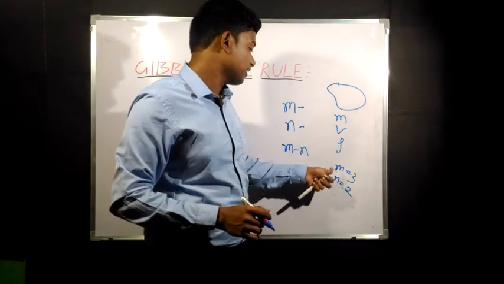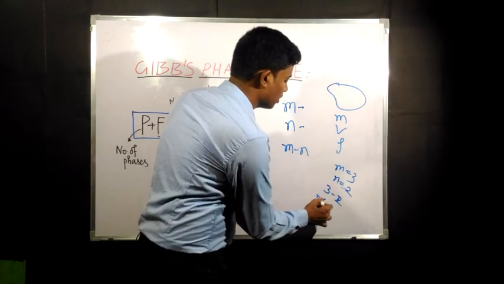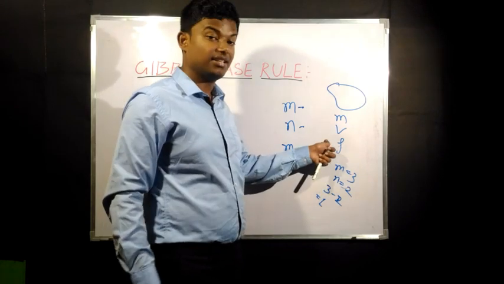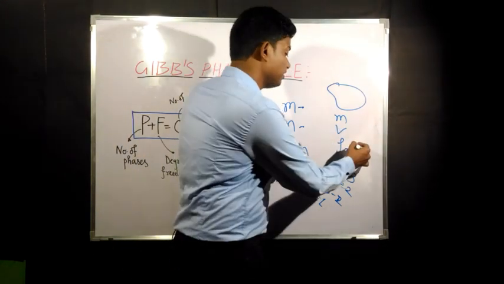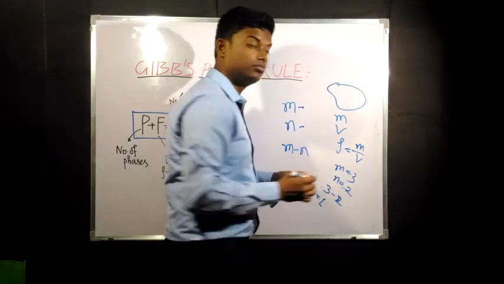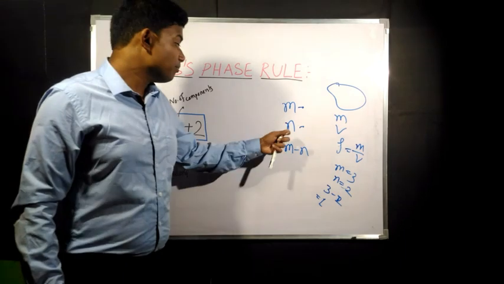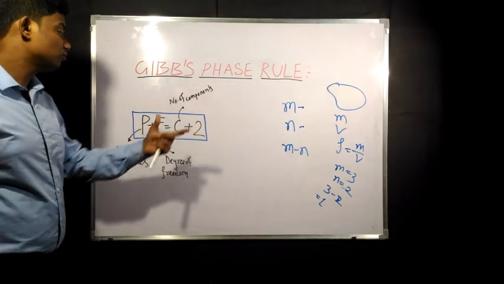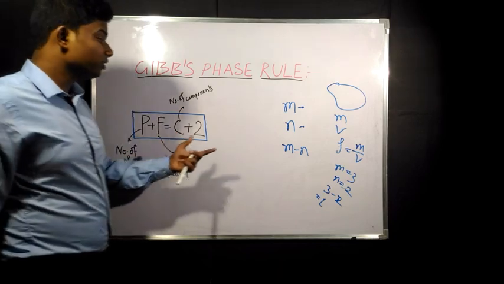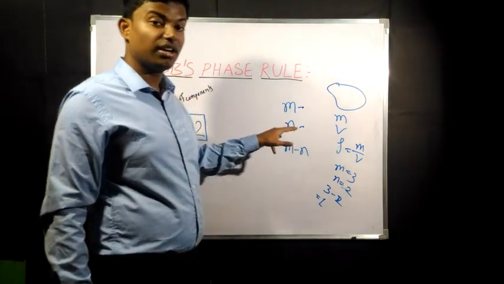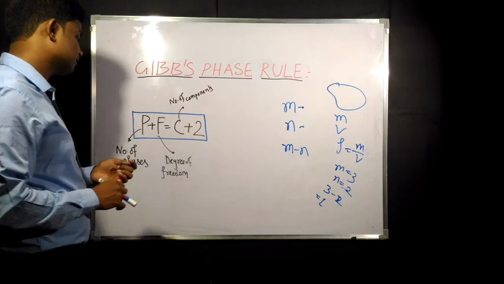That will be m minus n, that is 3 minus 2, which equals 1. That property is density, which will depend on both mass and volume. The value of n is given by the Gibbs phase rule formula, and using this formula we can get the number of independent properties.